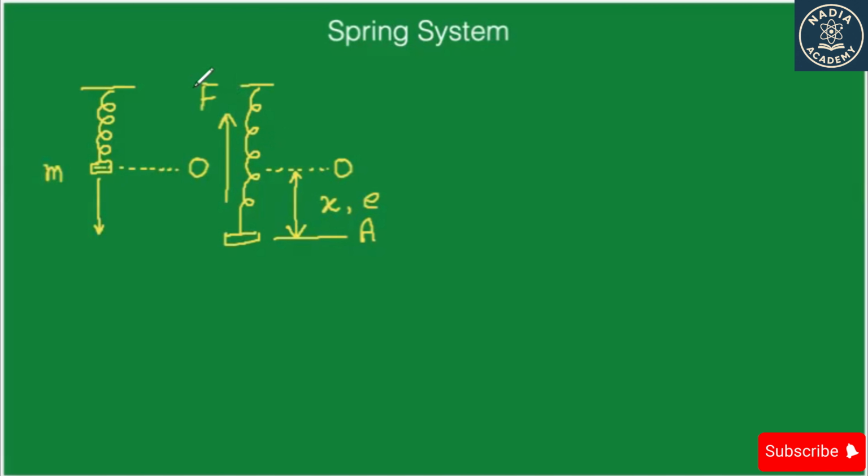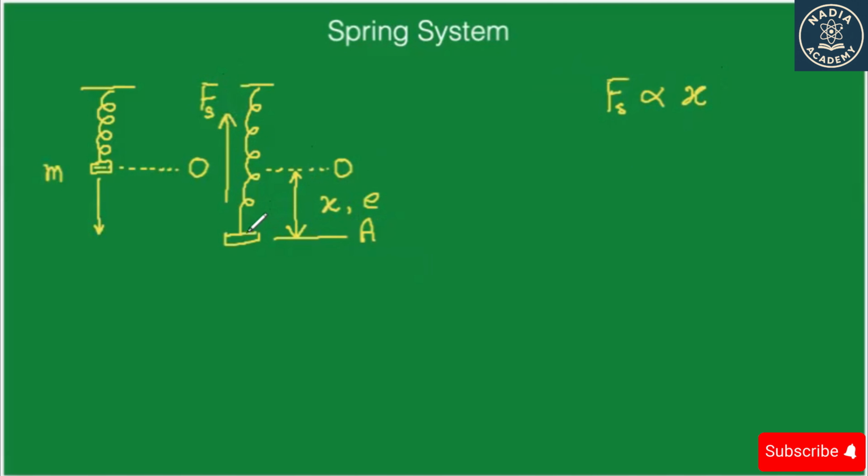And then the force of the spring, let's call it Fs. This force of spring will be more and more as x is increasing, meaning that the spring force will be increasing as x is increasing. So this means mathematically that our spring force Fs is directly proportional to the extension.